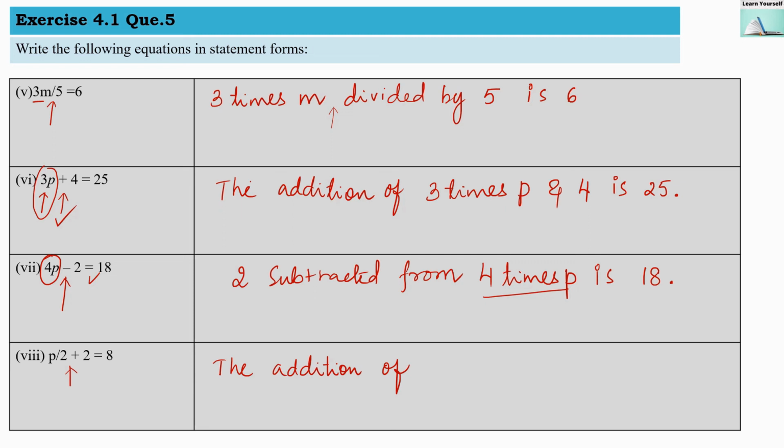So that we are going to write here p divided by 2 and 2 is 8. So this is one number, p divided by 2 and 2. So this is a complete addition. Is means equals to 8. So p divided by 2 and 2, when we are adding these two numbers, we will get 8.